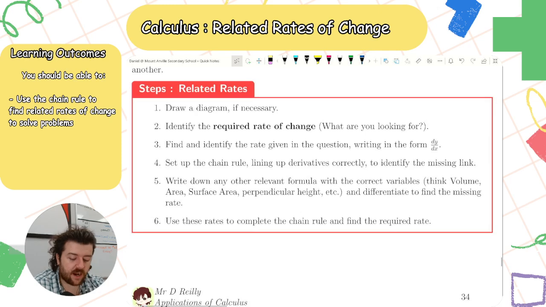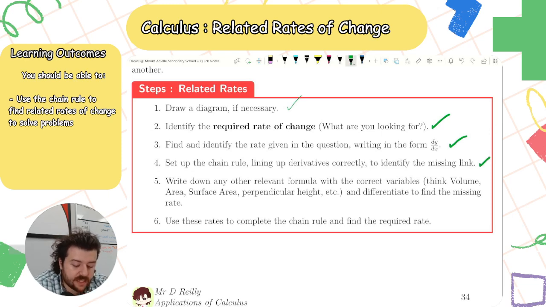The steps are: Step 1, draw a diagram if necessary. Step 2, identify the rate of change looked for in the question. Step 3, find and identify the rates given in the question, and write them down. Then set up the chain rule, lining up the derivatives correctly, and find the missing link you need to get the derivative you're looking for.